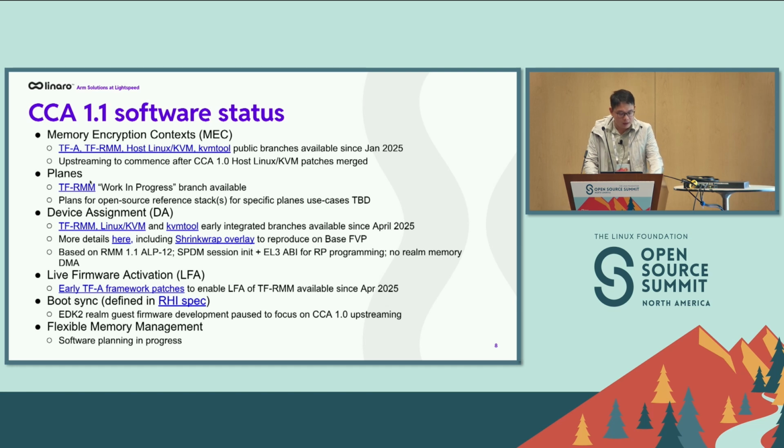So this is the status for planes. The other three, live firmware activation, boot sync, and flexible memory management, are just proposed and work in progress. This is the current status of CCA 1.1. It is still work in progress and needs more time to upstream.